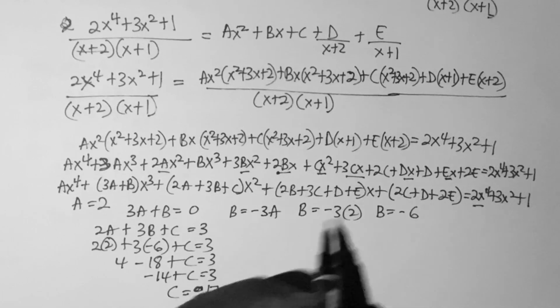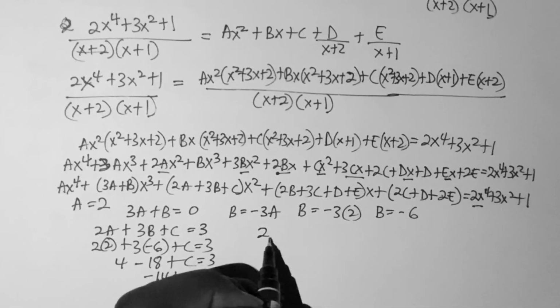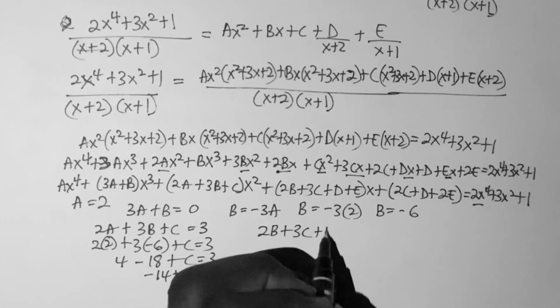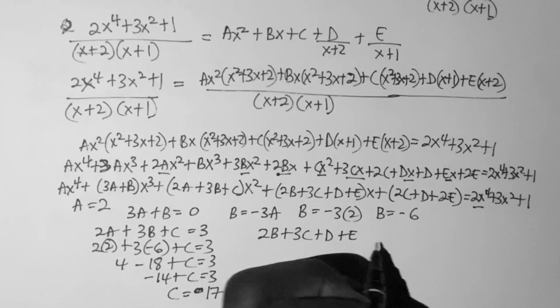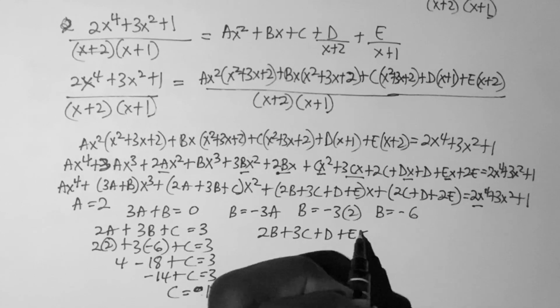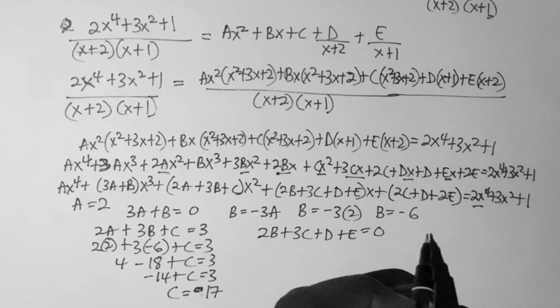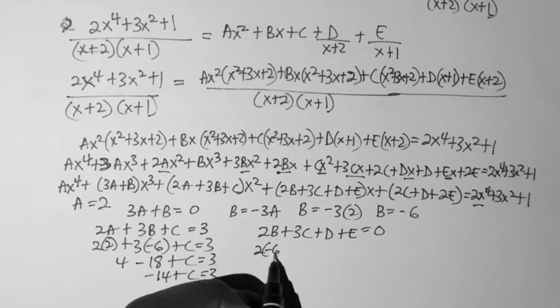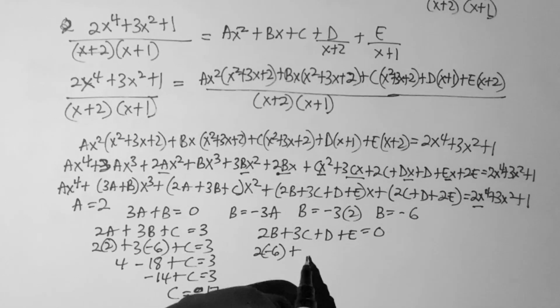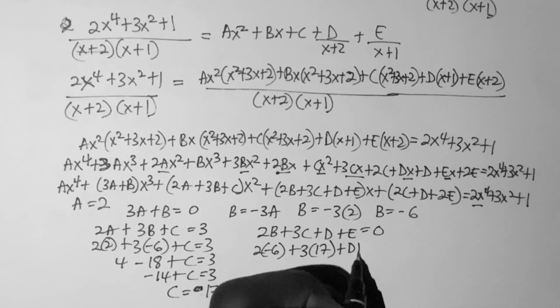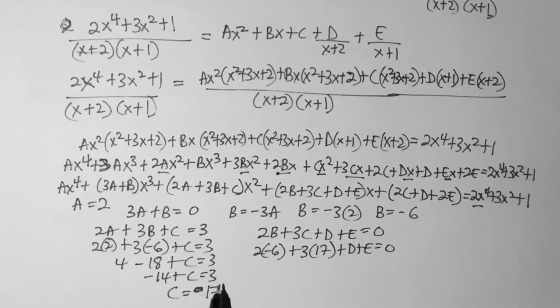So now let's come to the terms with x. Those ones are 2b plus 3c plus d plus e. And there is no x term here, so that's equal to 0. So let's simplify this further. b is minus 6, so 2 times minus 6. And c is 17, so 3 times 17. And plus d plus e is equal to 0.